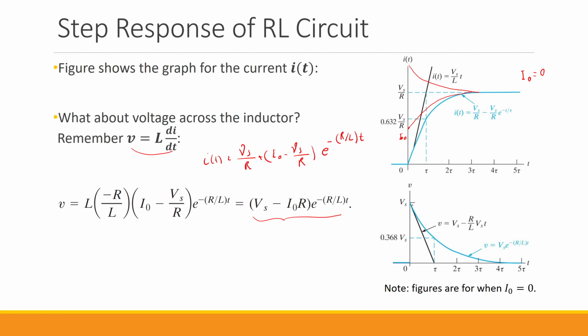This graph is the sketch of this equation, of course with I0 being considered 0, but it also works for other values of I0 as well. So the final value reaches 0, so it doesn't matter where it starts.